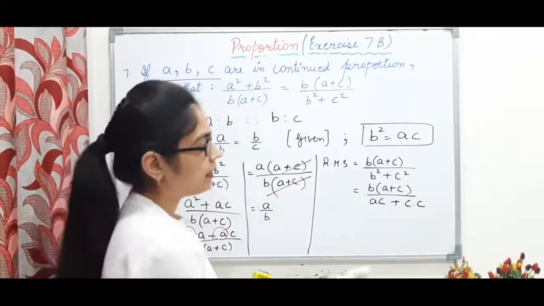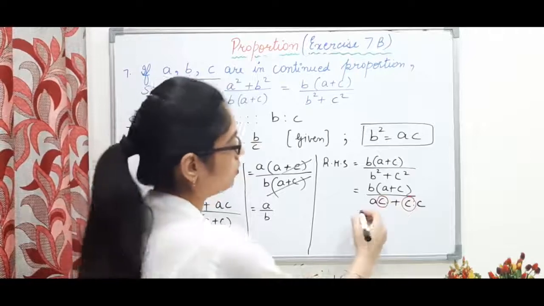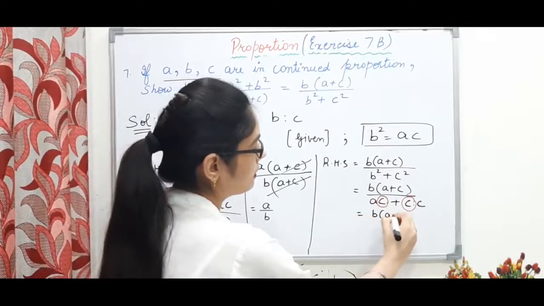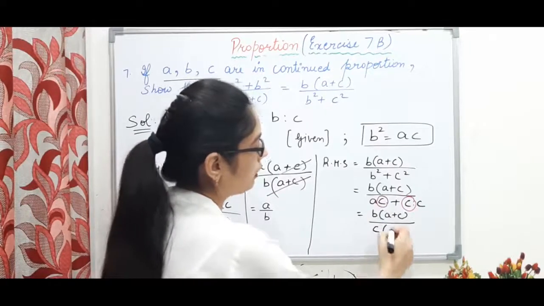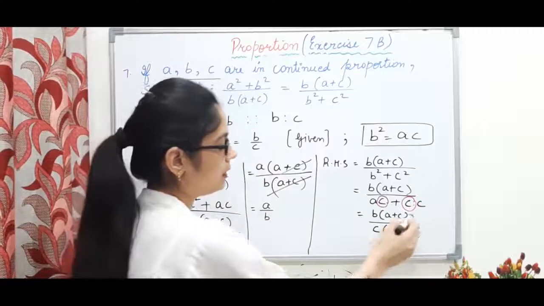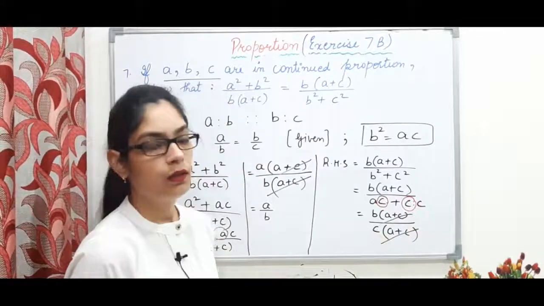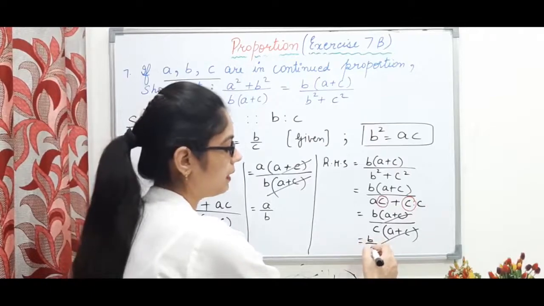Now here I can take c common, it is there in both. So b into (a plus c) as it is, and c I will take out, (a plus c). A plus c and a plus c are the same term, so we can cancel, and we get b by c.